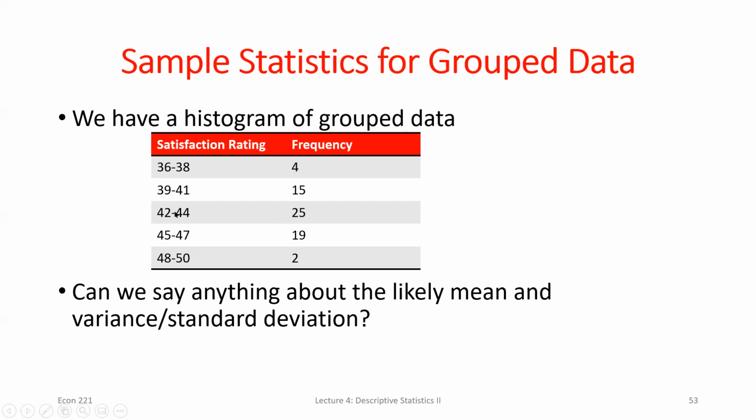So right away, that's going to be influencing it the most. From there, as we see bins on either side of that, the frequencies are getting smaller and smaller, so they have less impact over the weighted mean. But also, there are equal values on either side of that middle point. So I would guess around 43.